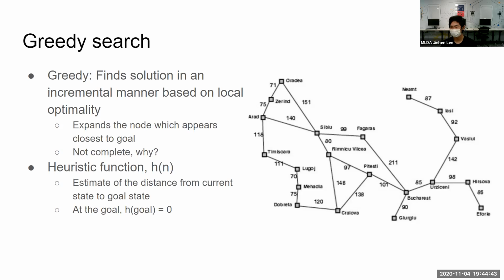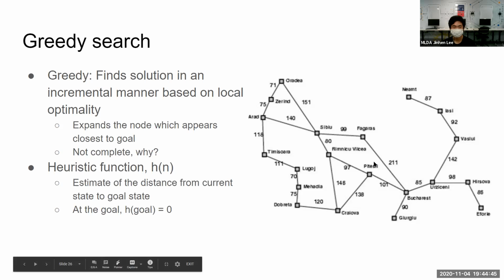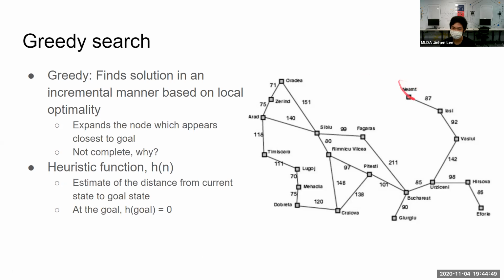So, for example, in this case, if you are trying to go from this node to this one, you only have one option, which is this path here. And if you reach this node, you have two options, which are 87 and 92.